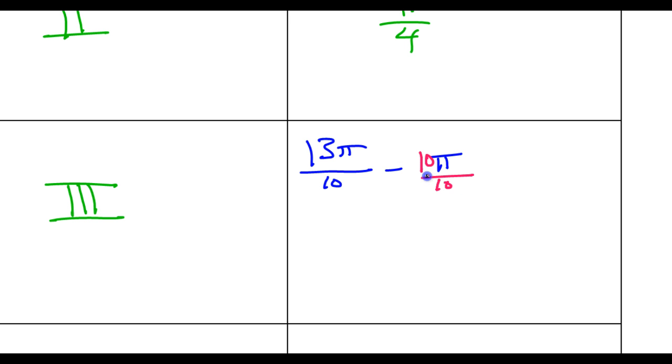Alright, the 10s would cancel. So this would be the same thing as pi. But now I have like denominators. So I've got 13 pi minus 10 pi is 3 pi. So that's 3 pi over 10. So 3 pi over 10 is the reference angle.